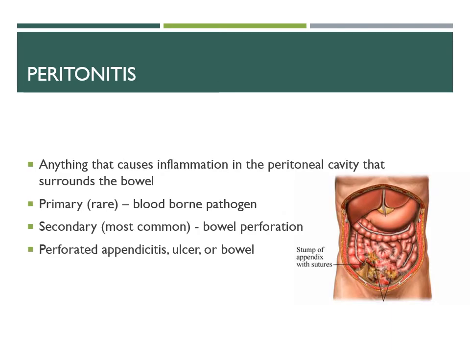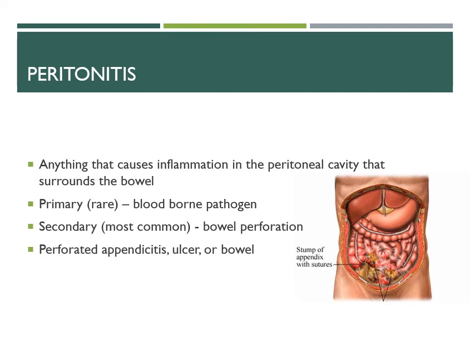Okay, so what about peritonitis? So around your bowels, you have a very fine wrapping, almost like a saran wrap that surrounds your bowels and your stomach, and there's a peritoneal cavity, and it's usually completely sterile. There's nothing in it.